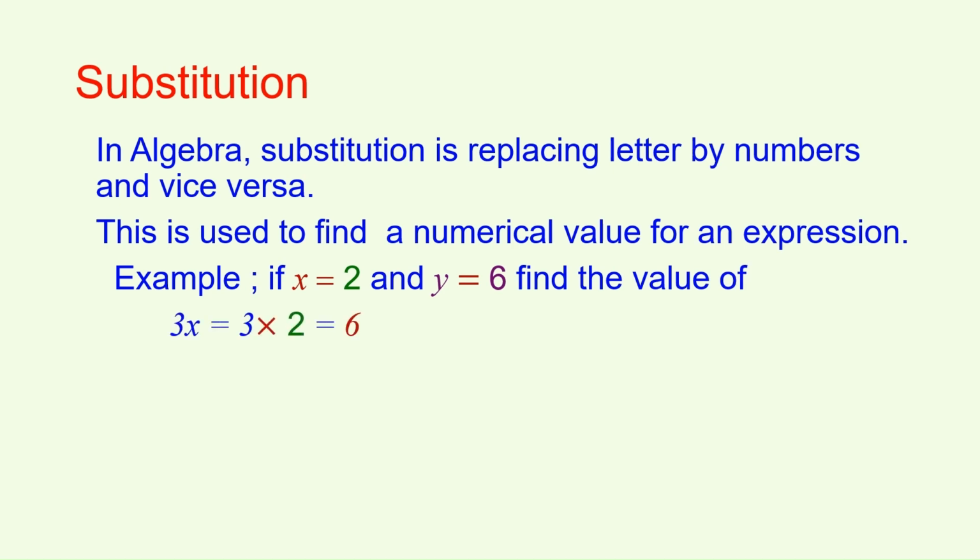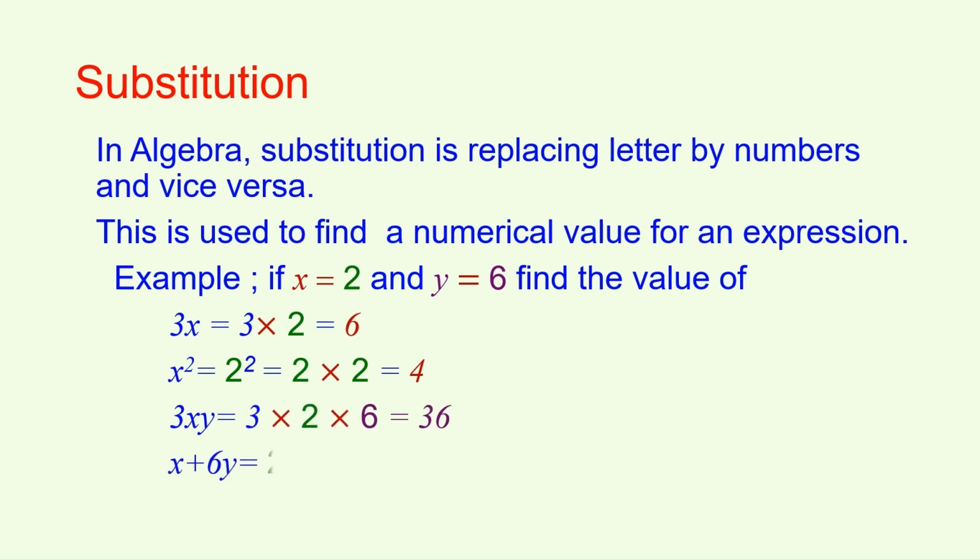Find the value of x squared, which is 2 times 2 equals 4. Find the value of 3xy, which equals 3 times 2 times 6, which is 36. And of x plus 6y, which equals 2 plus 6 times 6, which is 38.